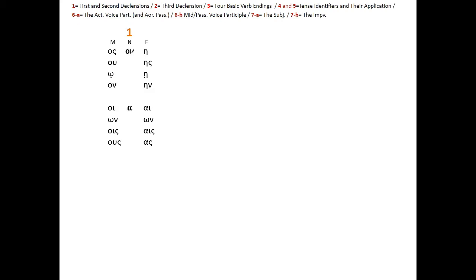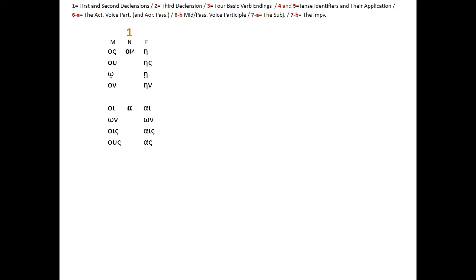Second, in the middle column, for the neuter gender, you may note that I have given just 2 forms, the nominative singular and the nominative plural, because these are the only 2 forms that need to be learned for the neuter gender. And of course the reason for that is simple.